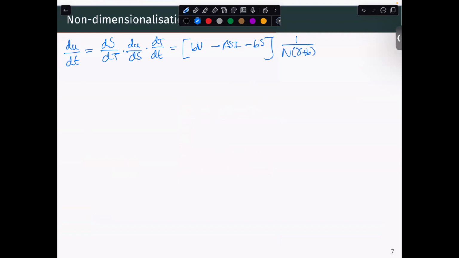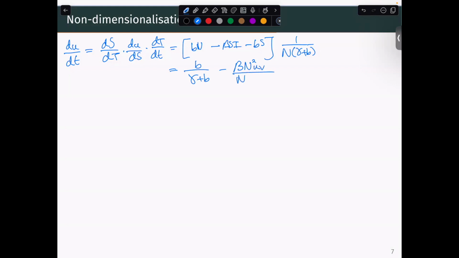So the 1 over N comes from our dU/dS, and the 1 over gamma plus b comes from our dt/dT. This then gives us b over gamma plus b minus beta. Well, we've got an S and an I here. Remember, S is just UN, and I is equal to VN. So we would have a squared term here for our N and a U and a V in our numerator.